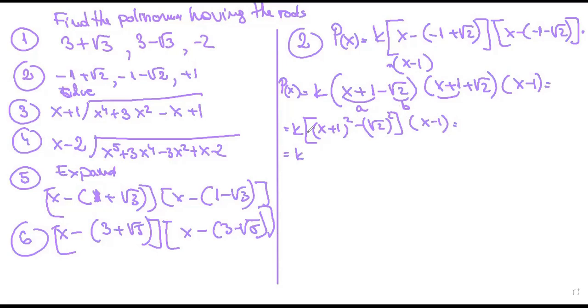So that becomes x squared plus 2x plus 1 minus 2 times x minus 1, so x squared plus 2x minus 1 times x minus 1.